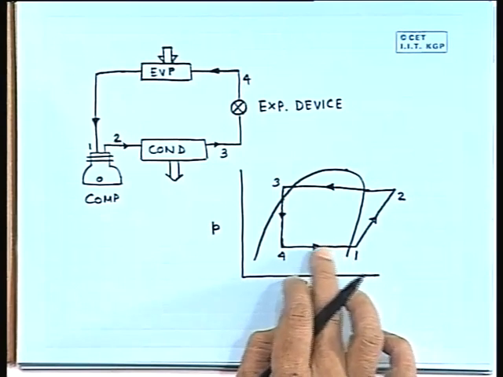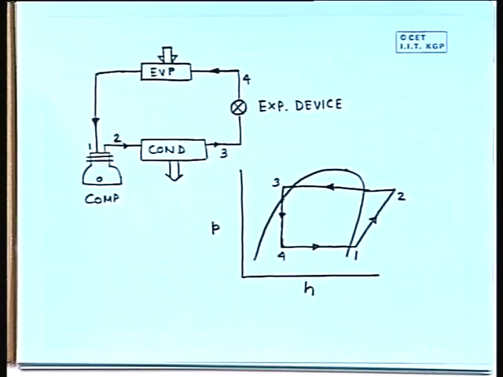Though we are assuming it is a constant pressure process, it will not be so. We will have a certain amount of pressure drop. So, these are the deviations between the ideal vapor compression cycle and the actual vapor compression cycle.